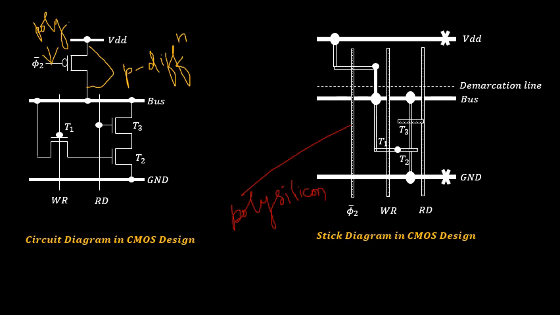Now if you compare it with the stick diagram, the vertical layer I have chosen as polysilicon. This will be the P type of diffusion. One end of the diffusion should be connected to VDD, and another end to the bus signal. Since I have a P type of diffusion and a metal layer, I have used one contact cut. This is a metal layer, and there is a P type of diffusion and a metal layer, so use one more contact cut.